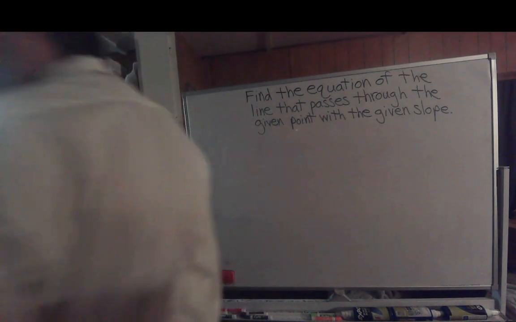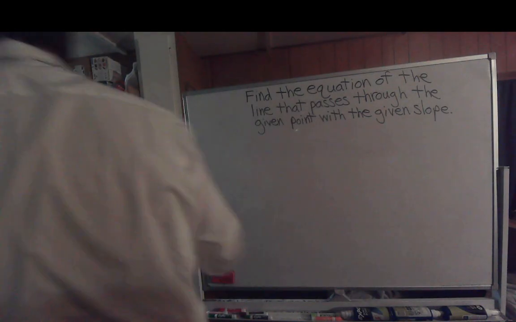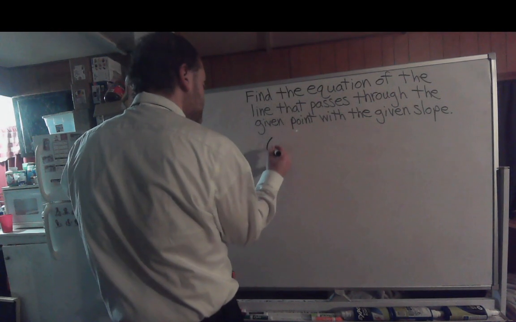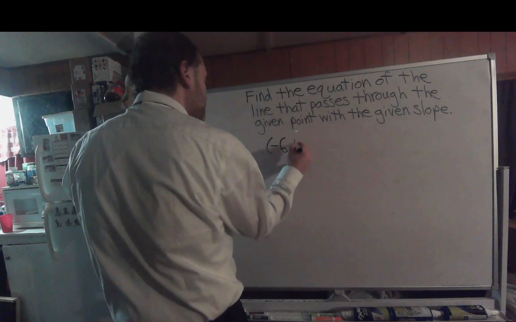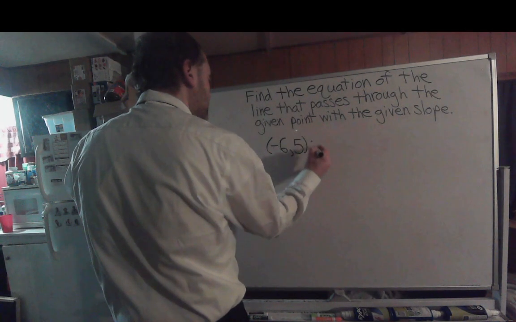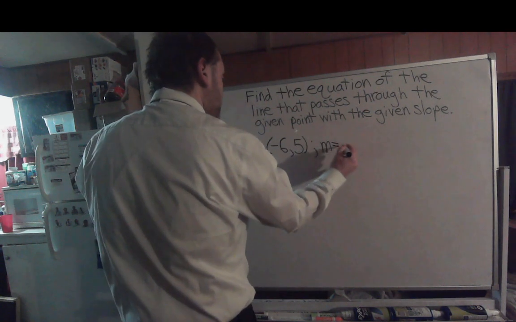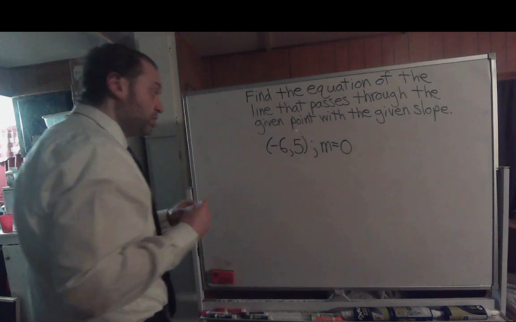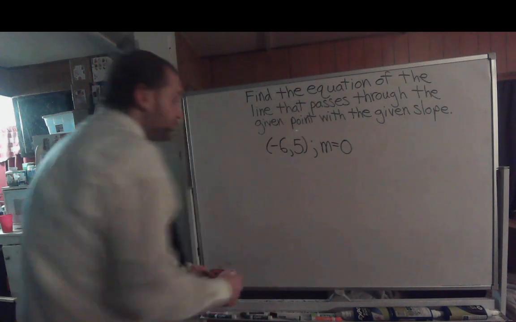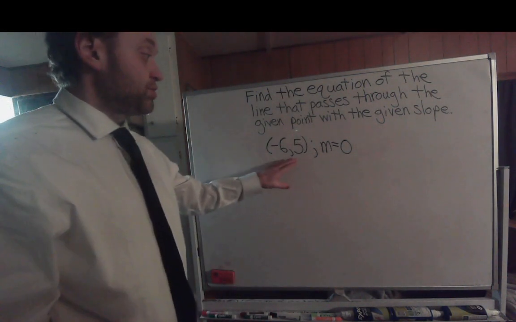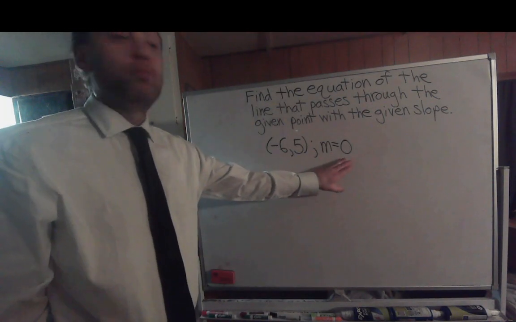All right. We got passing through the point negative 6, 5 with a slope of 0. Okay. So this line passes through the point negative 6, 5. The slope is 0.